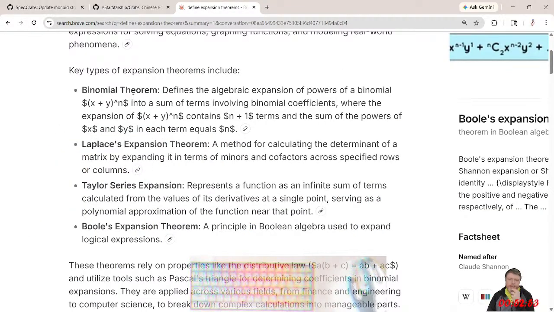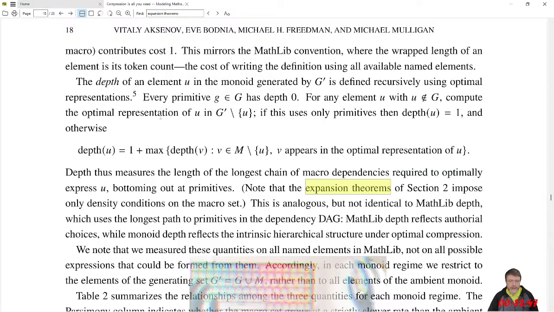So what is an example of an expansion in artificial intelligence? A neural network is an example of an expansion.